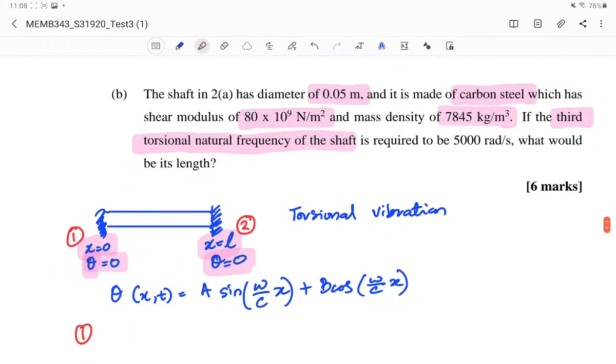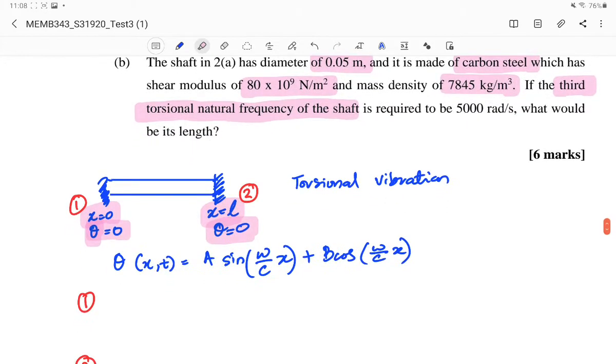So we have to write the general equation. I wrote the general equation here, so don't forget to change from y to theta. Theta is the displacement, x is the position on the shaft.